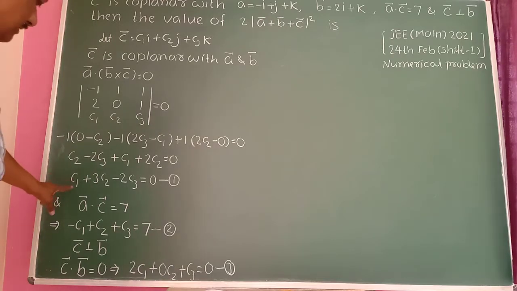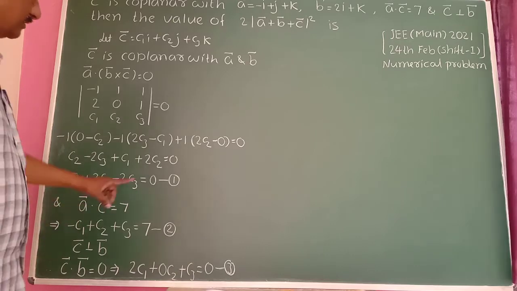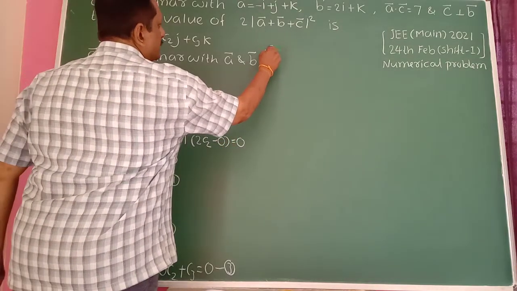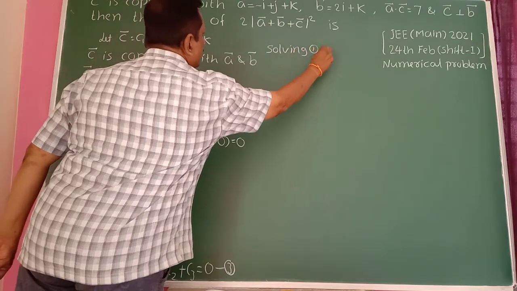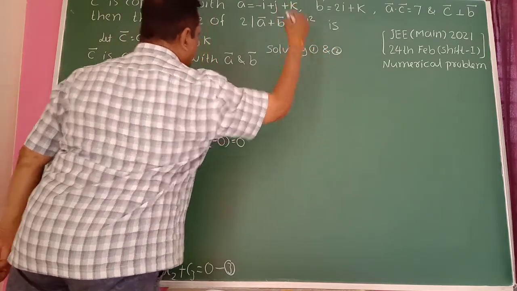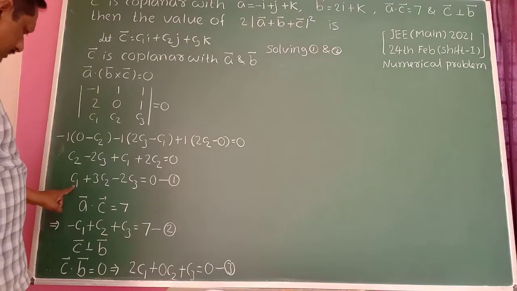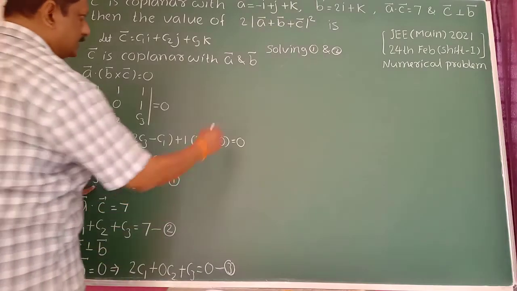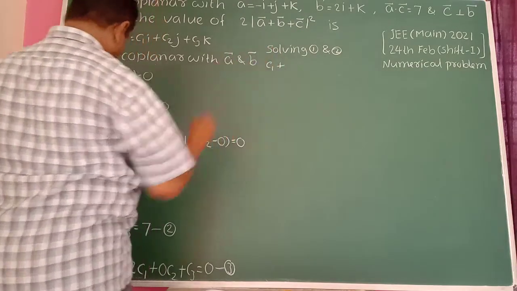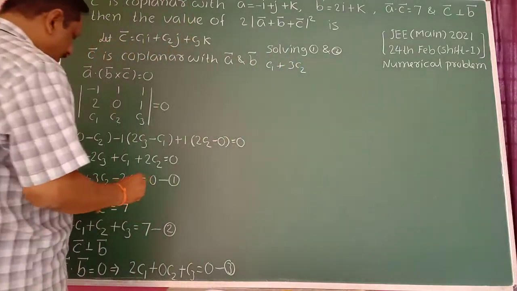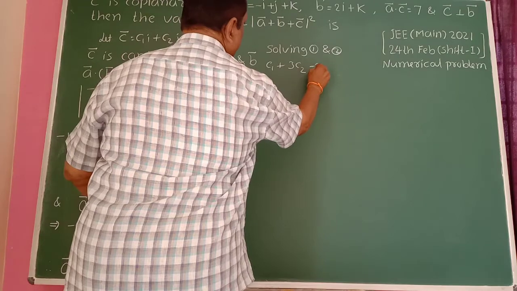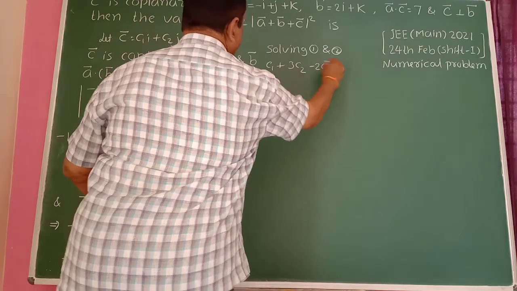Therefore, solving 1 and 2, eliminate C2. Equation 1 is C1 plus 3C2 minus 2C3 equal to 0.